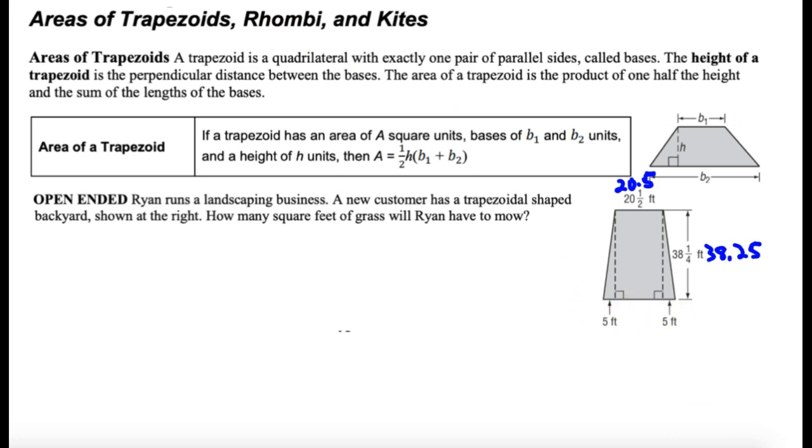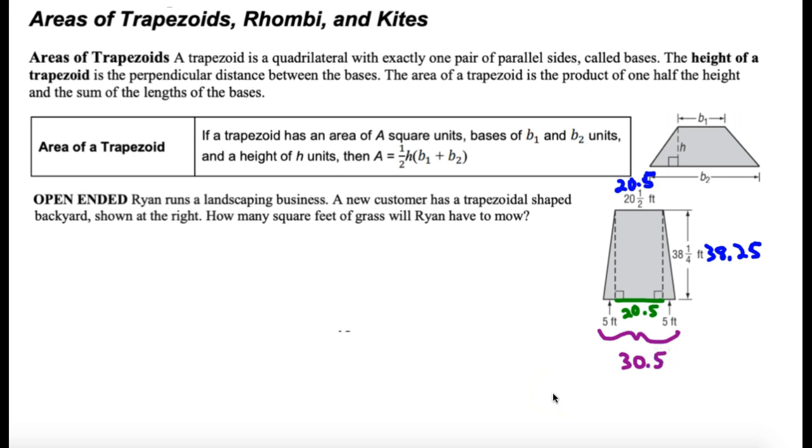Now down here, we've got a little bit of figuring to do. This distance right here is going to be the same as here, 20.5. So that means this whole base down here is going to be 5 plus 20.5 plus 5. So that whole base there is going to be 30.5.